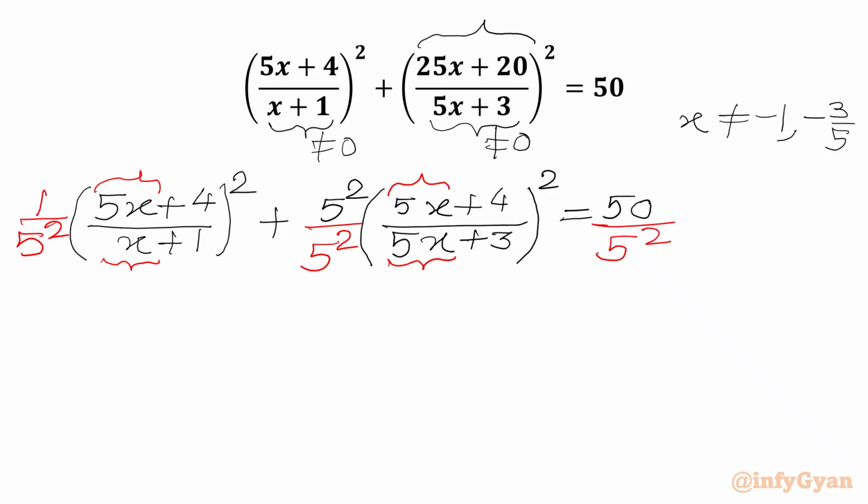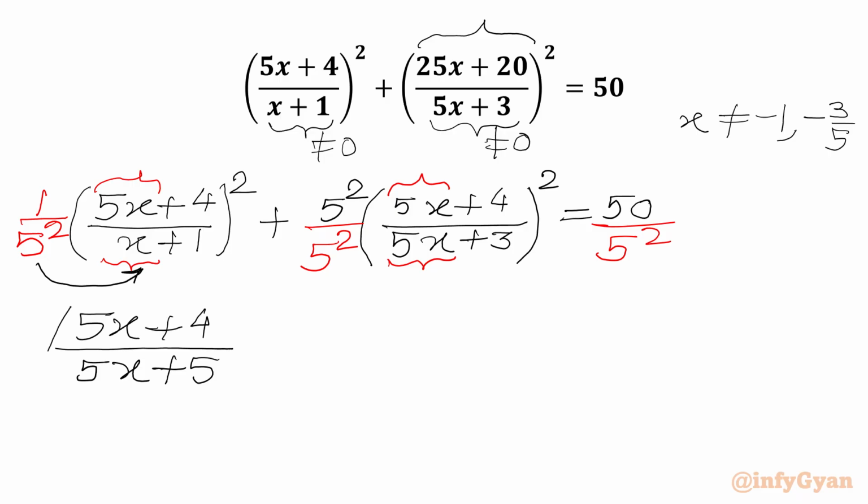Now 1 over 5 square. This 5 square we will merge or club with this denominator by writing denominator 5x plus 5 and then we will write our numerator 5x plus 4. We will put whole square as it is.